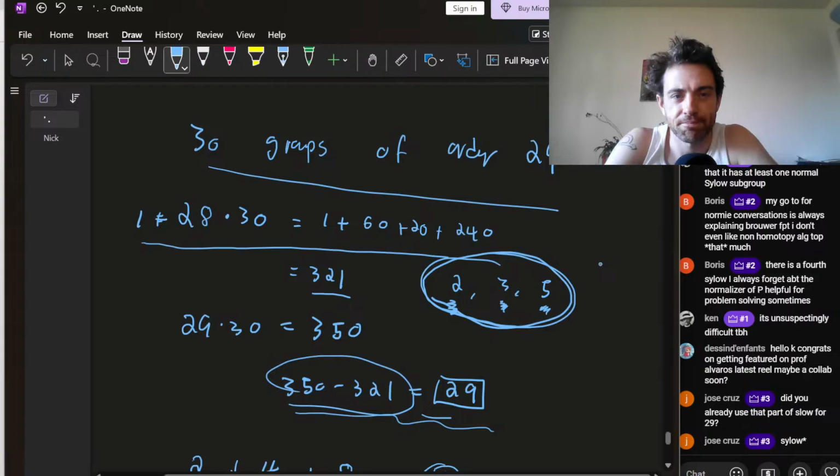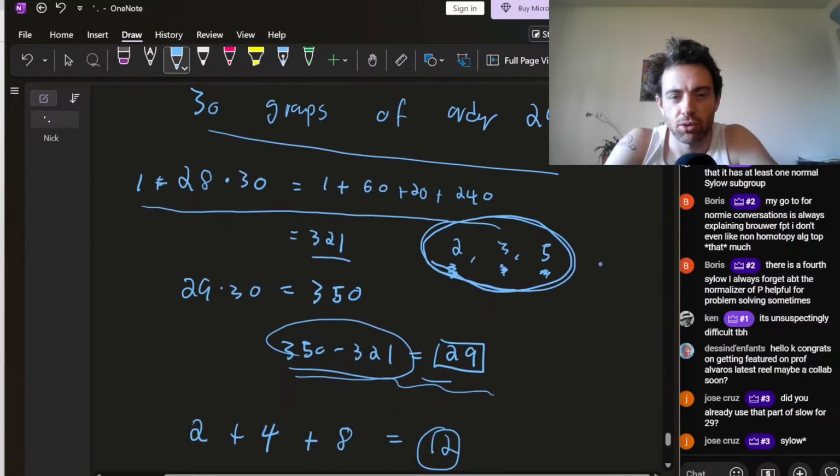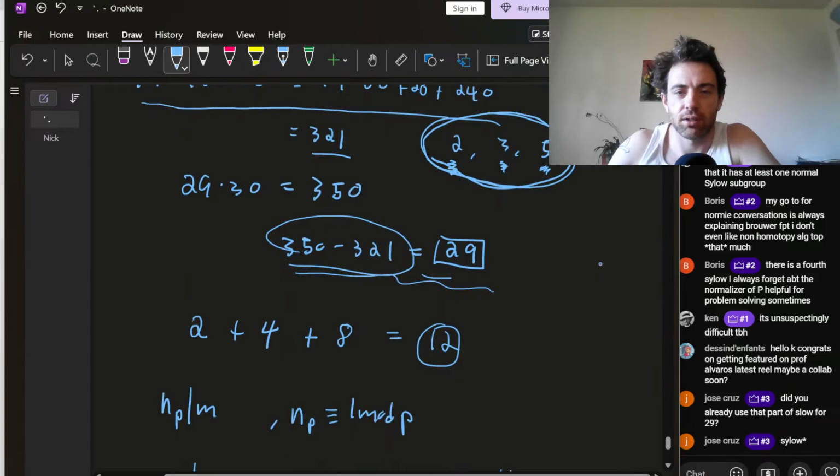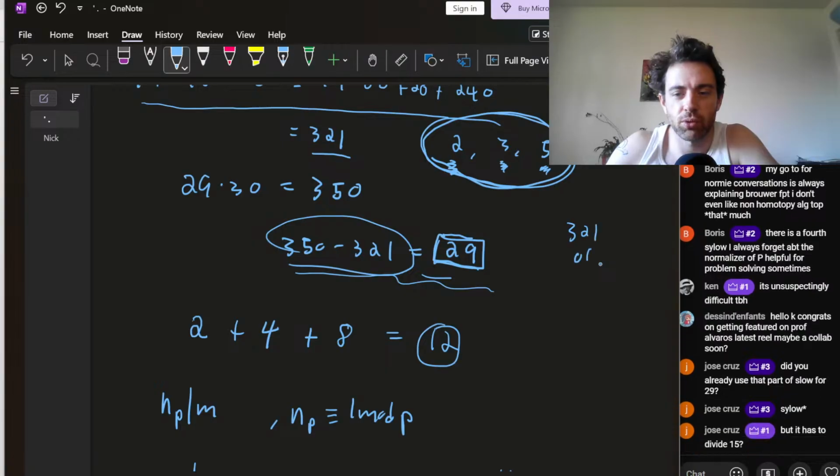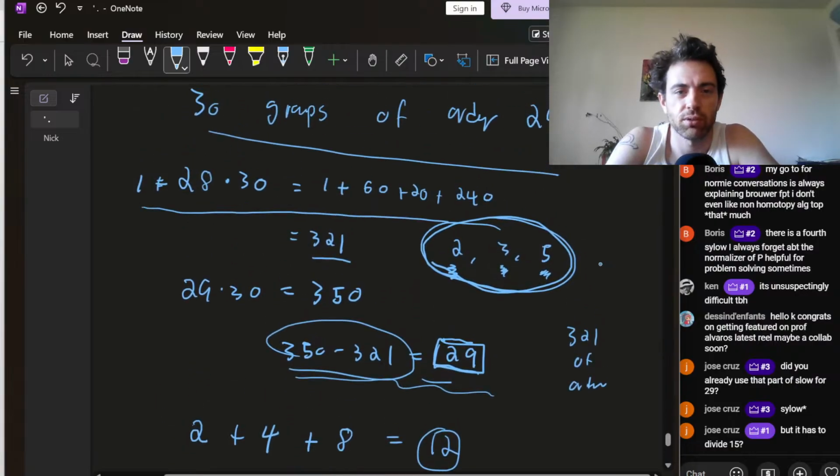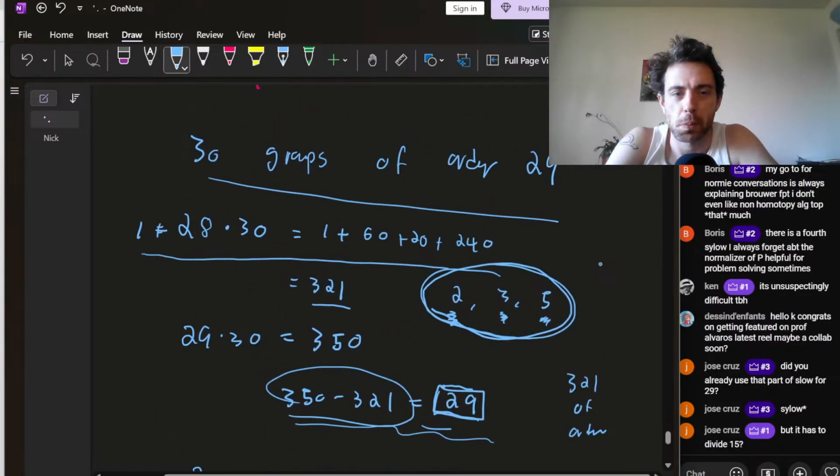I don't think so, though. And then I said, okay, well then that's all of the elements of order. Wait, did I make a mistake here? No, that's true. So there's 321 elements of order 29. But it has to divide 15? Wait, what has to divide 15? The number?